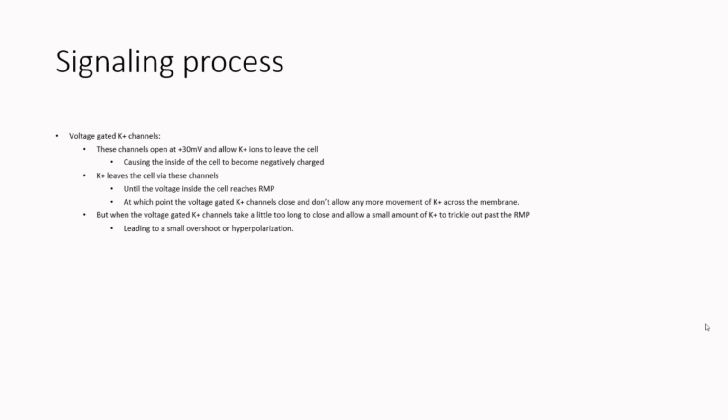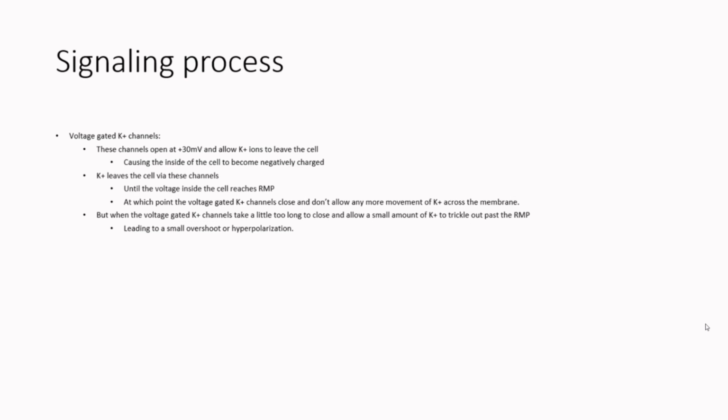Then when the voltage reaches the resting membrane potential at around minus 70 millivolt, the activation gates will close, the inactivation gates will open, and we are at a position where we can be stimulated once again.